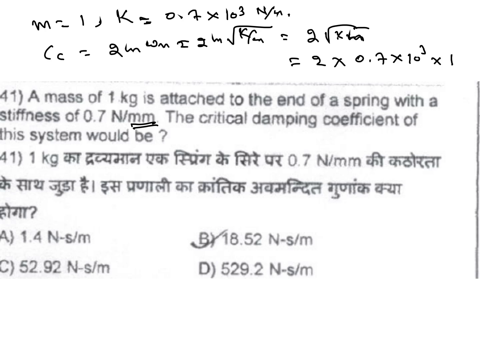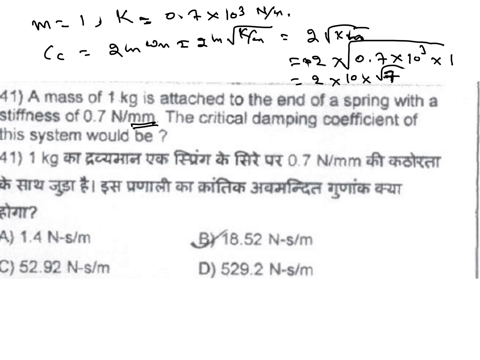Then 2 into root over 0.7 is 7 by 10, 10 into 10 to the power 3 divided by 10, you will get 100 into 7. Root over 100 is 10, into root over 7 we have to calculate.